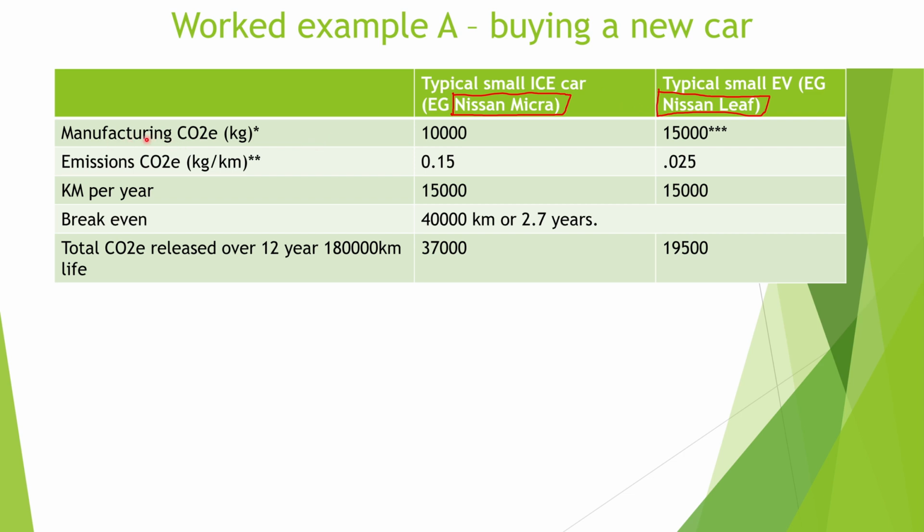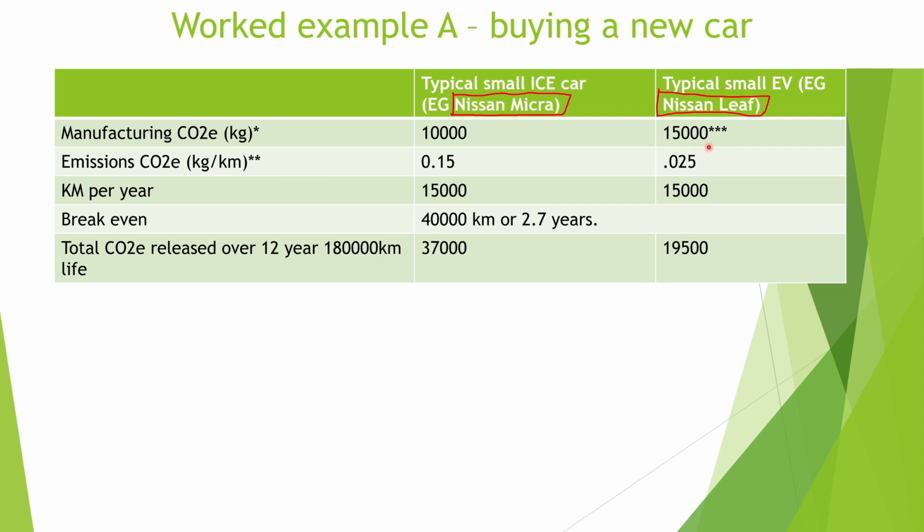Now, if we look at the manufacturing emissions of the petrol car, it's approximately 10 tons. Now, I'm going to go into that in a little bit as to why we have to treat these numbers with a high degree of suspicion, and why the biggest problem that you and I are going to have when we're making these decisions based on these models is getting accurate information in the first place.